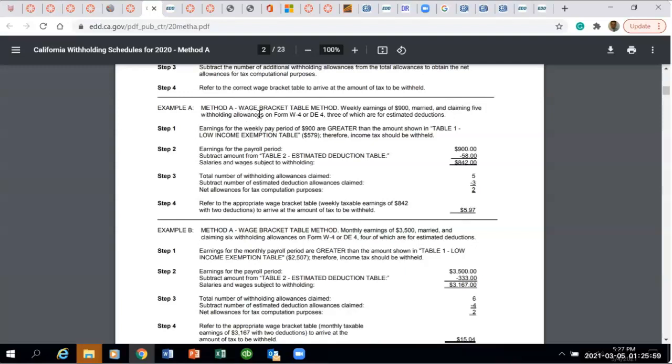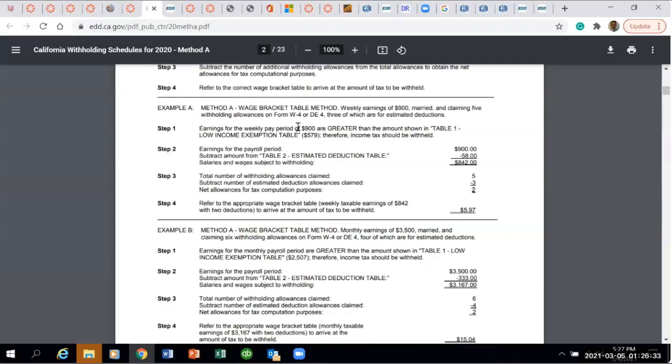Out of these 5, 3 are for estimated deductions. 2 is just for them, let's say they're married, but the 3 other allowances are for estimated deductions. When you claim allowances, you claim them for different reasons.